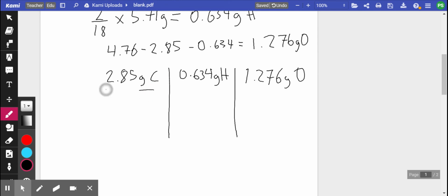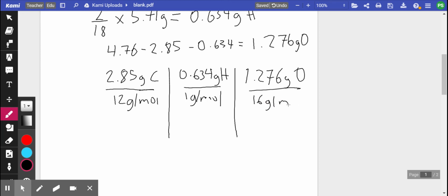Again, I'm going to use the rounded up values to save time here. So 12 for carbon, 1 gram per mole for hydrogen, and 16 grams per mole for oxygen. Here I get how many moles of each element I have in the compound.